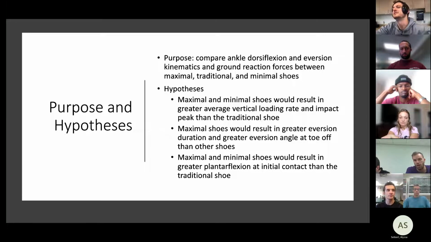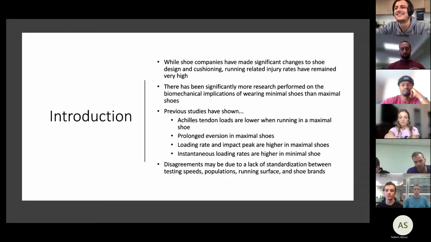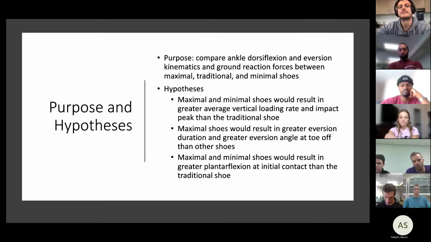So again, what I was getting at earlier is that previous studies, the complaint has been lack of standardization. So this study tried to control for that by using the same brand.